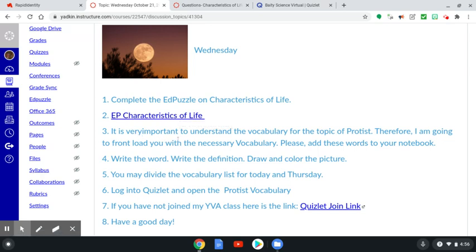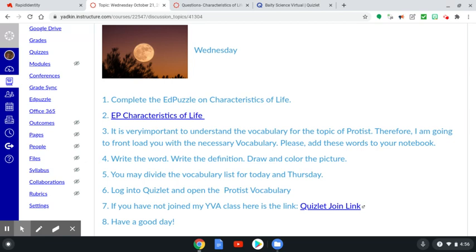We're going to start our study of protists, and it's very important to understand the vocabulary, actually the vocabulary for this 9 weeks and the next 9 weeks. It's very important, and a lot of it will be words that you're not familiar with.